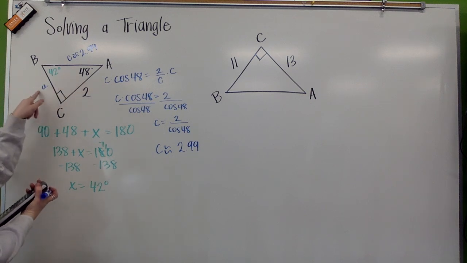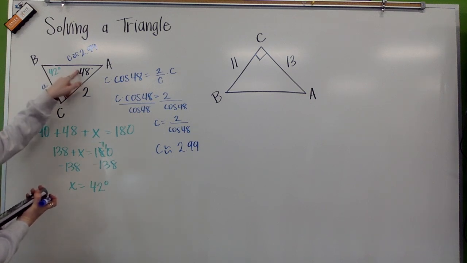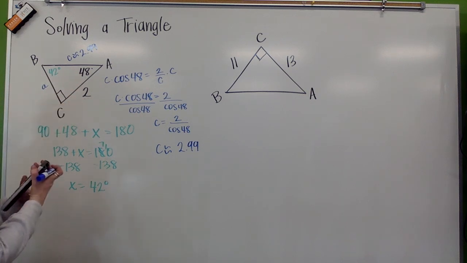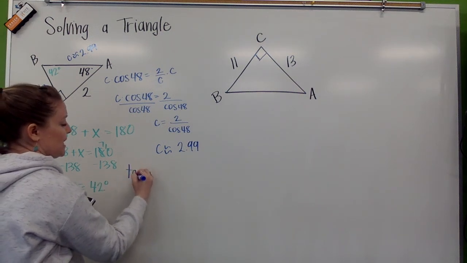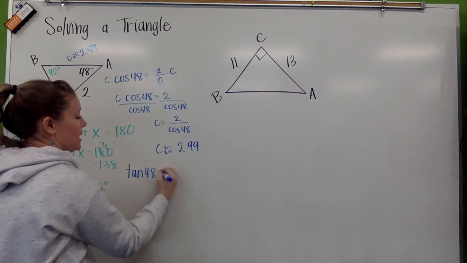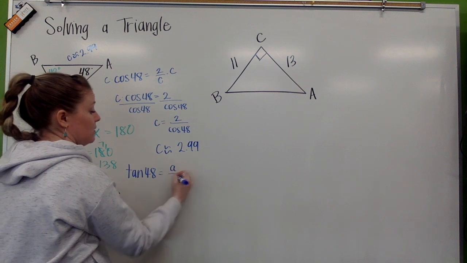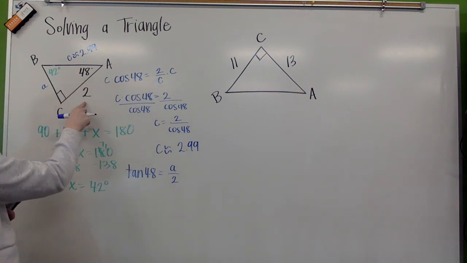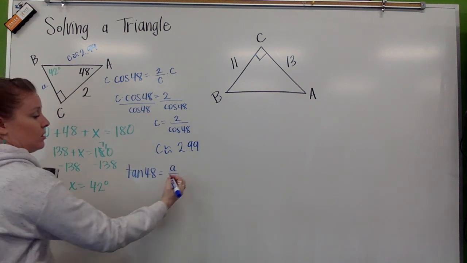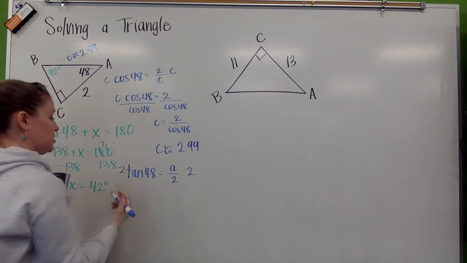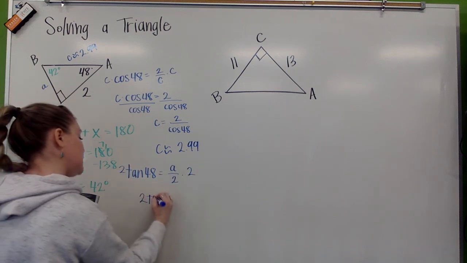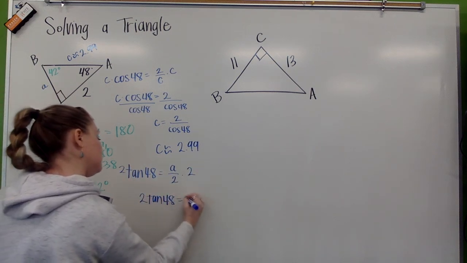And now I need to know this side. Since I was given 48 and 2, I'm going to do this one as tangent of 48 equals a over 2. Opposite over adjacent. So I'm going to multiply both sides by 2. So 2 times the tangent of 48 equals a.